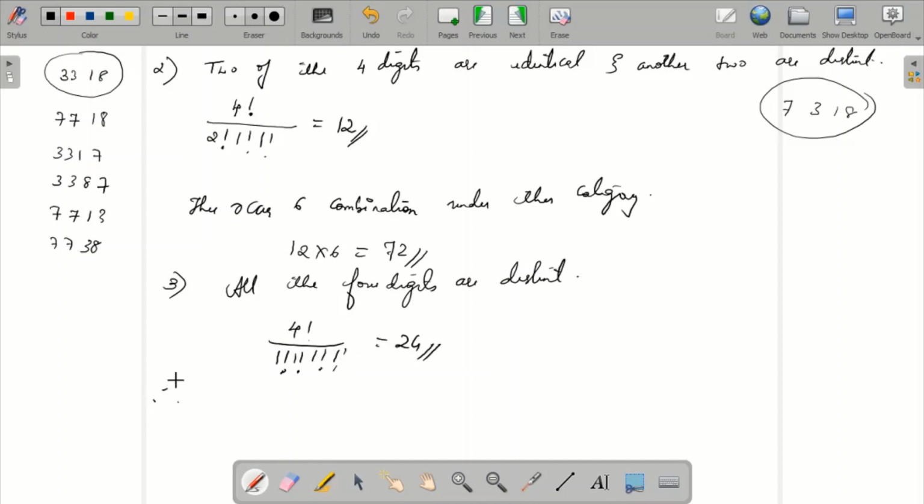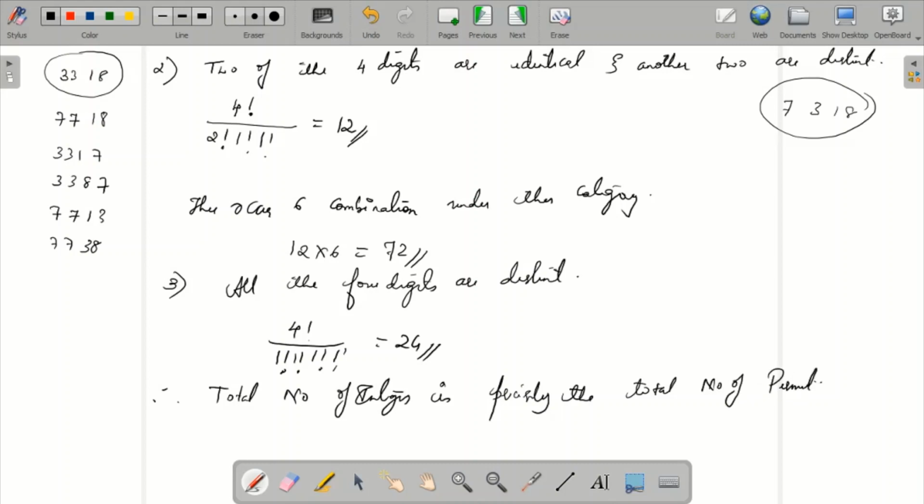So therefore the total number of integers is precisely the total number of permutations in all the categories mentioned above.